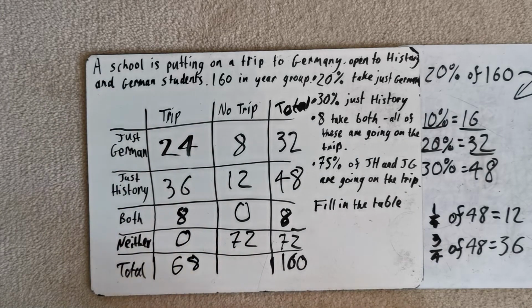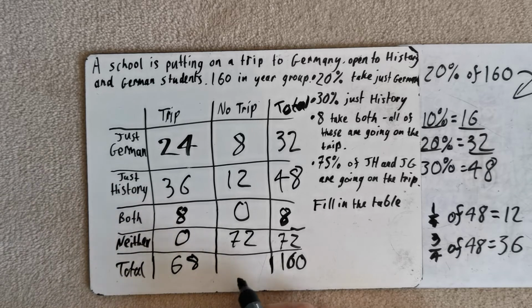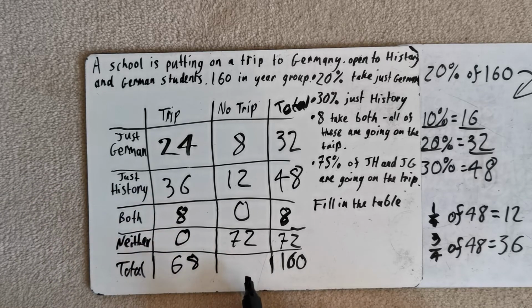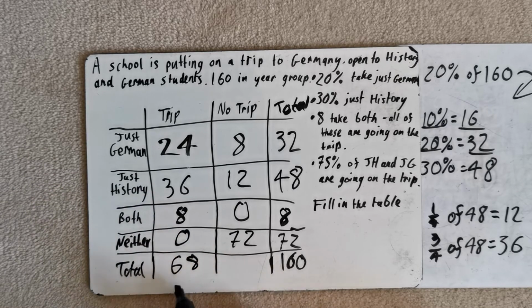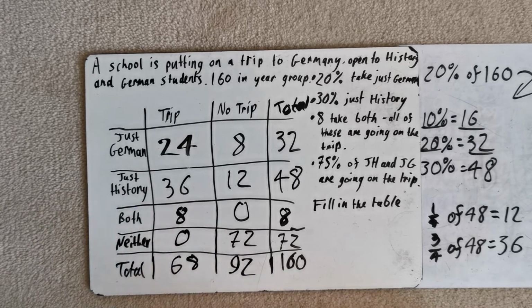Okay, apologies for my handwriting. And let's see how many will be going on the trip. What will be the left behinds that aren't going on the trip at all. So 160 take away 68 would give you 92. That's it all filled in. That's it all done. Mark your work. Thank you very much. Hope it was useful.